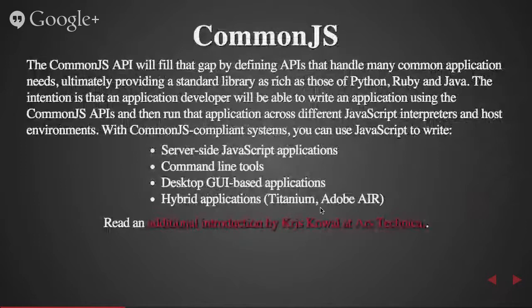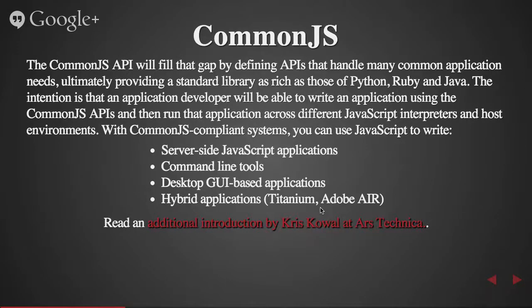CommonJS API. This is a brief explanation of what it is. I'm just going to read this off to you, or you can read it yourself. The CommonJS API will fill that gap by defining APIs that handle many common application needs, ultimately providing a standard library as rich as those of Python, Ruby, and Java.